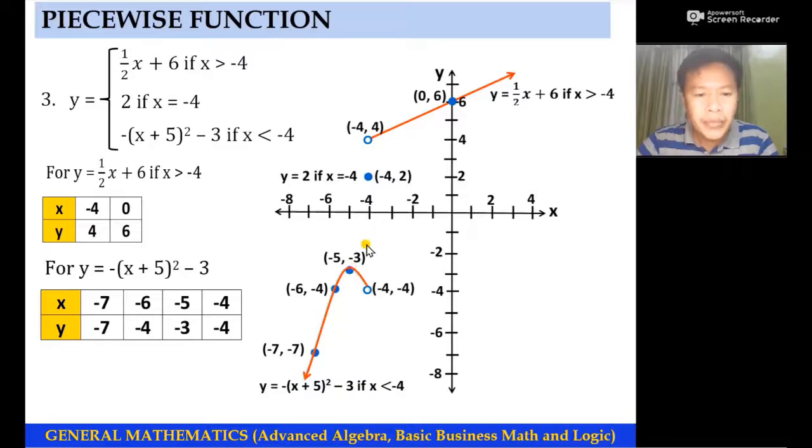Now we will proceed with the third point, which is -6 and -4. 1, 2, 3, 4, 5, 6. And our y is -4. Move downward 4 units. So 1, 2, 3, 4. This is the point with coordinates -6 and -4.